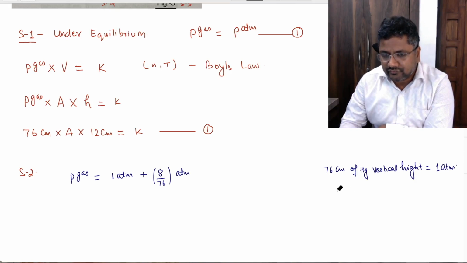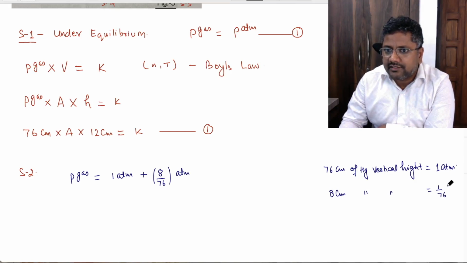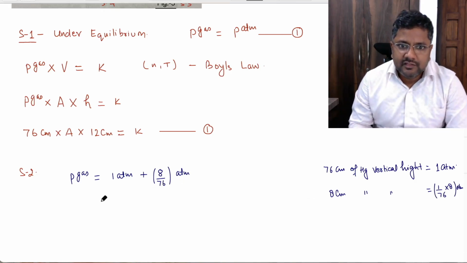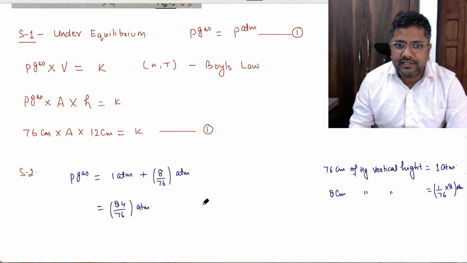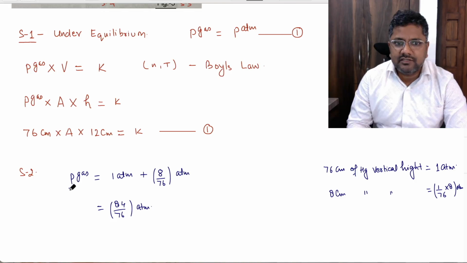So 8 centimeter of mercury vertical height is equal to 1 by 76 into 8 atm. So you can write here 84 by 76 atm, right? So this is the pressure of the gas.